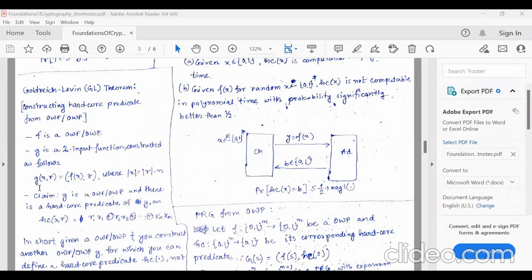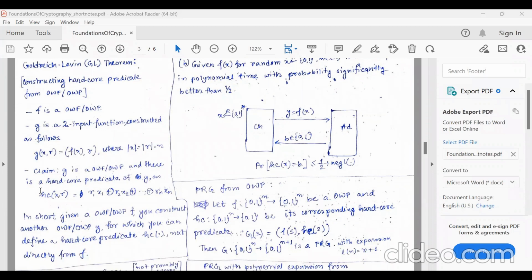So g is also a one-way function, because from (x, r) it is easy to compute (f(x), r), but from (f(x), r) it is not easy to compute the whole value of x and r. So g is an OWF provided f is an OWF.